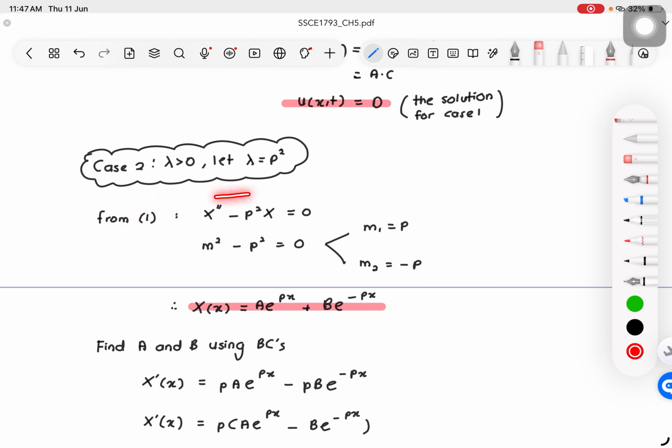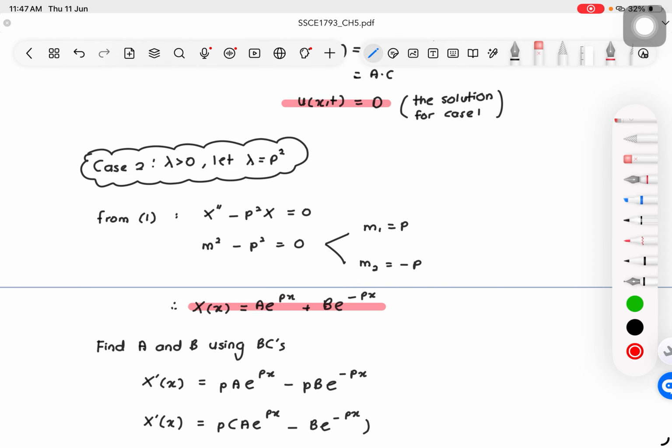You're going to get x double prime minus p squared x is equal to 0. Here you need to find the root for this equation. We let it equal to m, and we get your roots are equal to p and negative p. So these are two distinct roots, and we get your general solution for x.